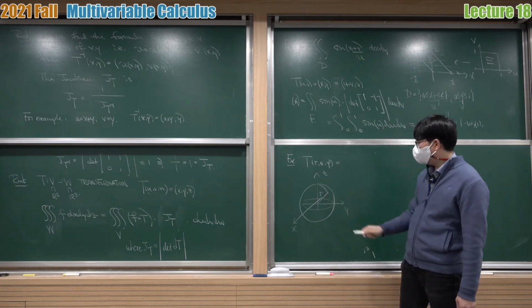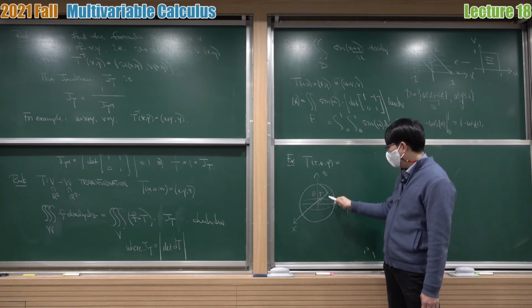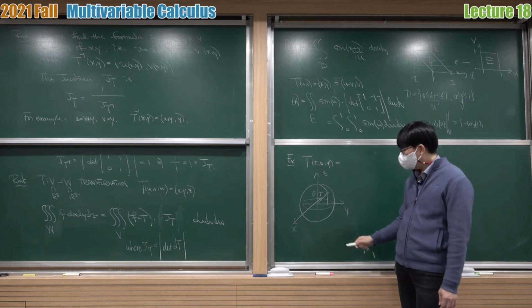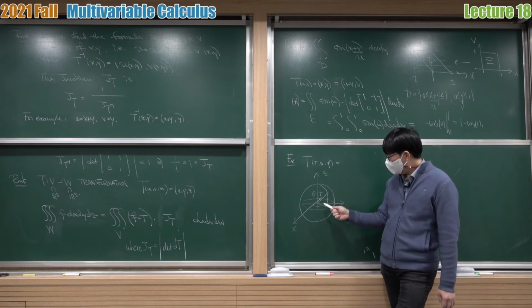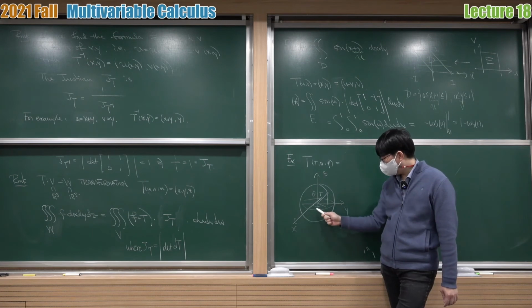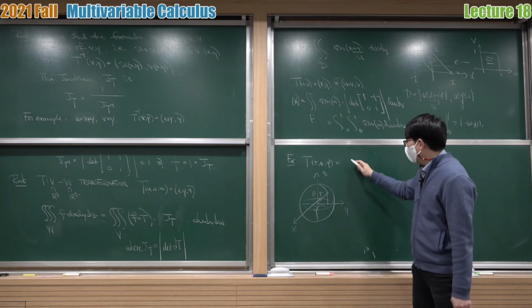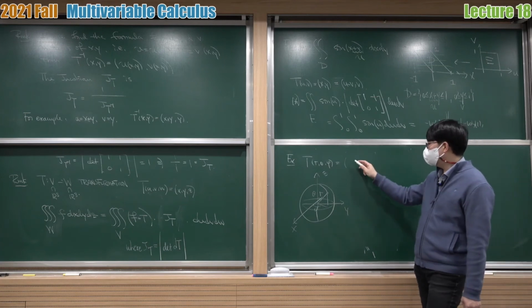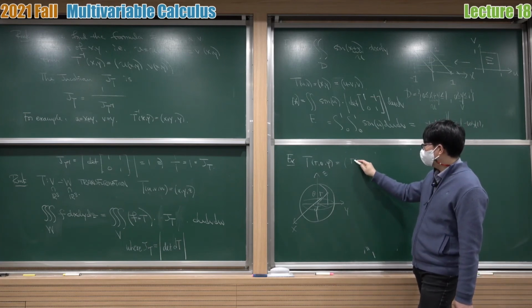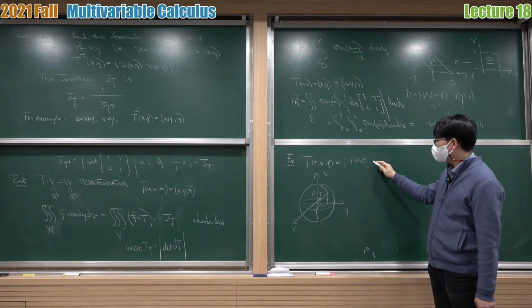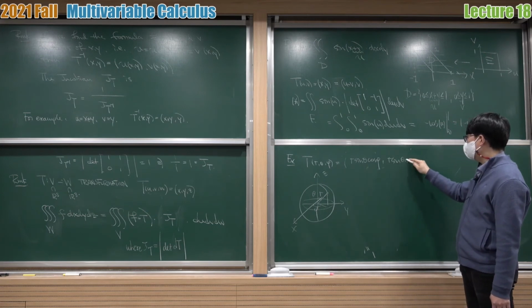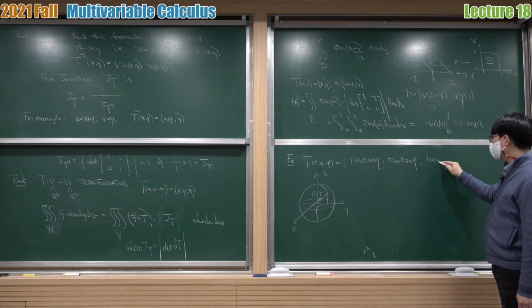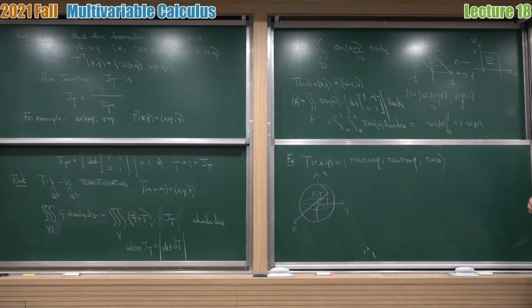You have the angle from the z-axis, which is theta, and if you project your point onto the xy plane, then the angle that the projected point, connected to the origin, makes with the positive direction of x is phi. So you have the x coordinate equal to r sine theta cosine phi, y equal to r sine theta sine phi, and z equal to r cosine theta. These are the x, y, z coordinates in spherical coordinates.